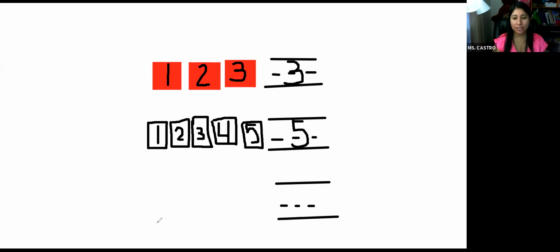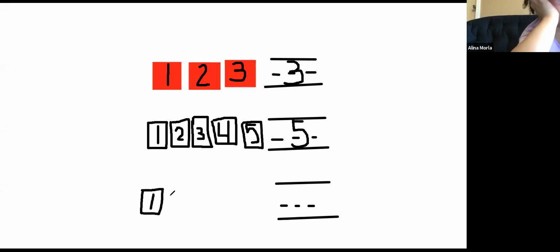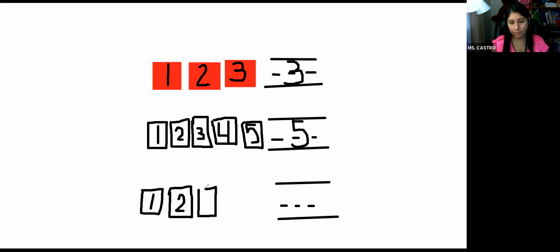So what we're going to do, boys and girls, is we are going to illustrate and label 4 squares side by side, just like a cube train. Ready? 1, 2, 3, and 4.